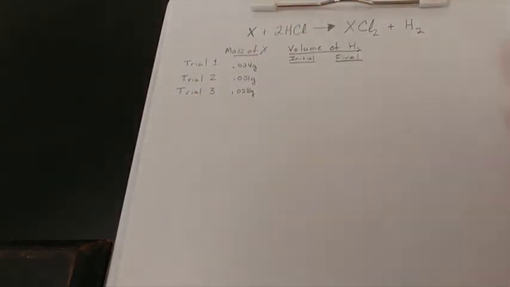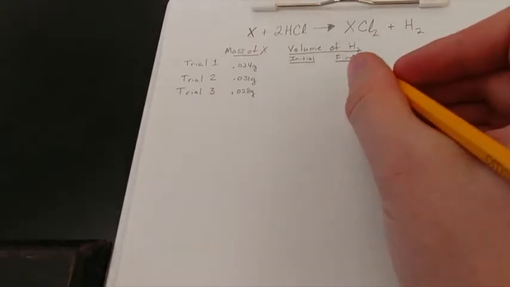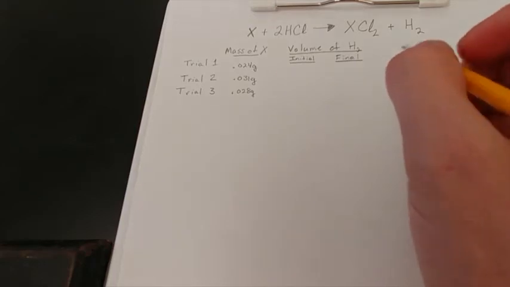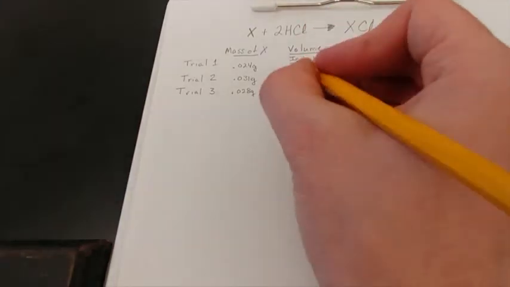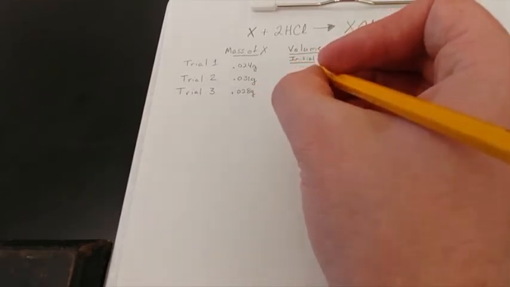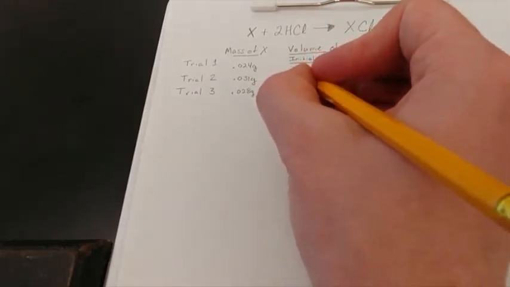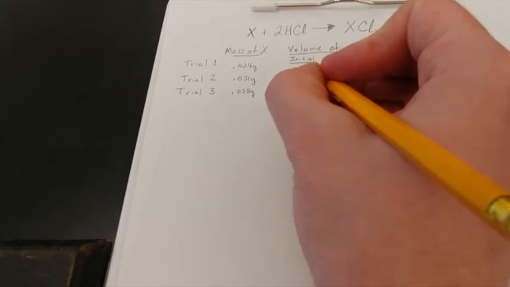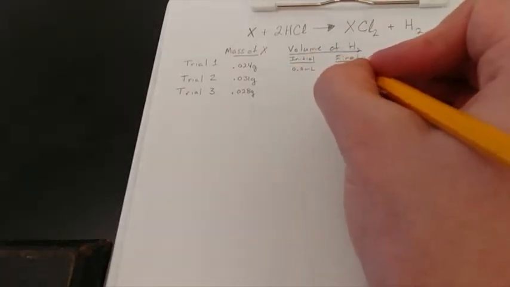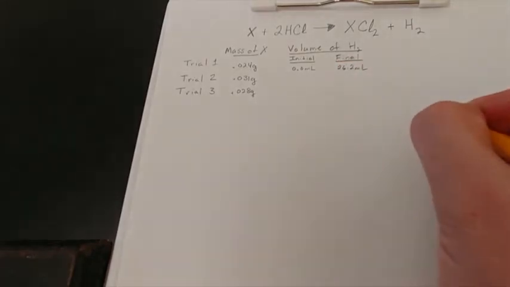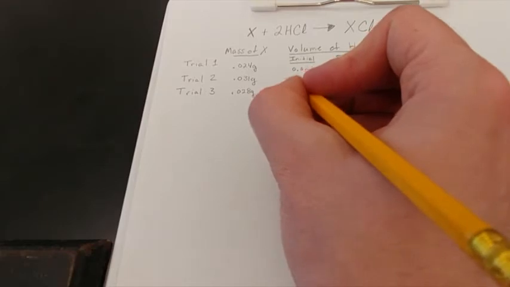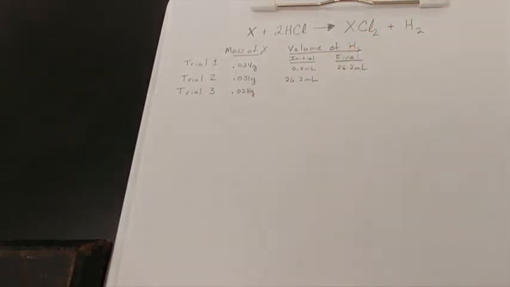Now, to read the initial volume of H2 and the final volume of H2, I looked at the eudiometer and where it was at. The first trial, I didn't start with any water, started with 100% water and 0 gas in the tube. So we'll say it's 0.0 milliliters. And at the final stage, it was 26.2 milliliters. Then I took the 26.2 milliliters and I didn't refill it or anything.